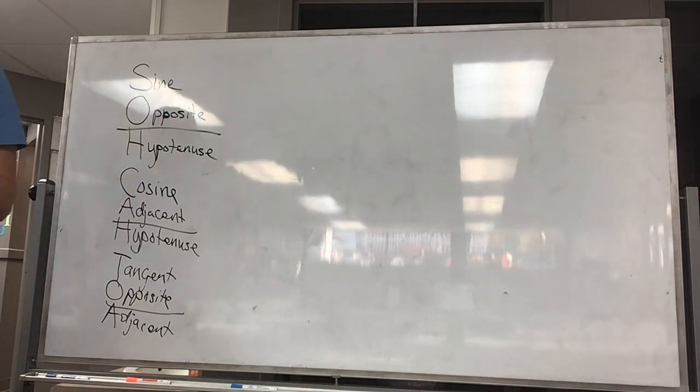So, you will need to know what to do with this because they're going to give you pieces of information and you have to figure out the rest of it.